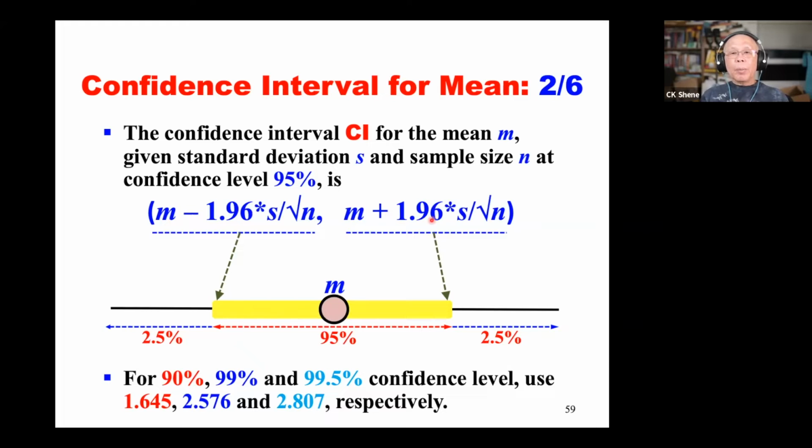The upper bound is the sample mean plus 1.96 times the sample standard deviation divided by the square root of n. So that means the possible unknown mean value of the population would be from here to here with a confidence level of 95%.